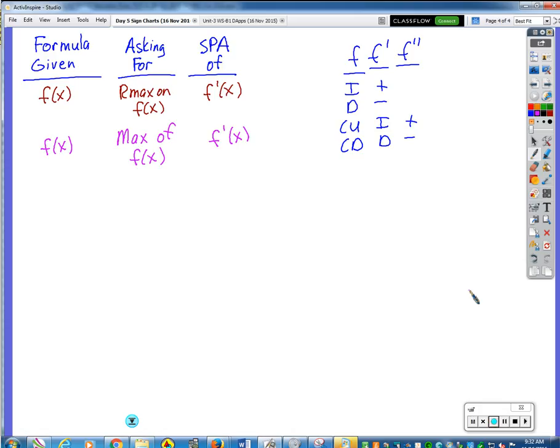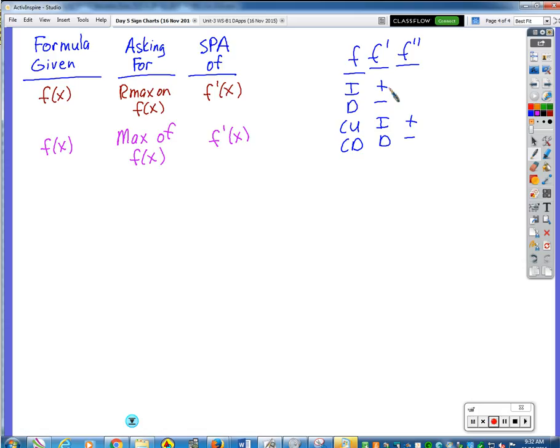So our best option is to create a sign chart of F prime, because that actually is pretty easy. Knowing when F prime is positive, I'll know when F goes up. You can find F prime by doing the derivative, but you still don't know the graph of F prime either. You do not, but we don't need a graph of F prime, we just need a sign chart of F prime.